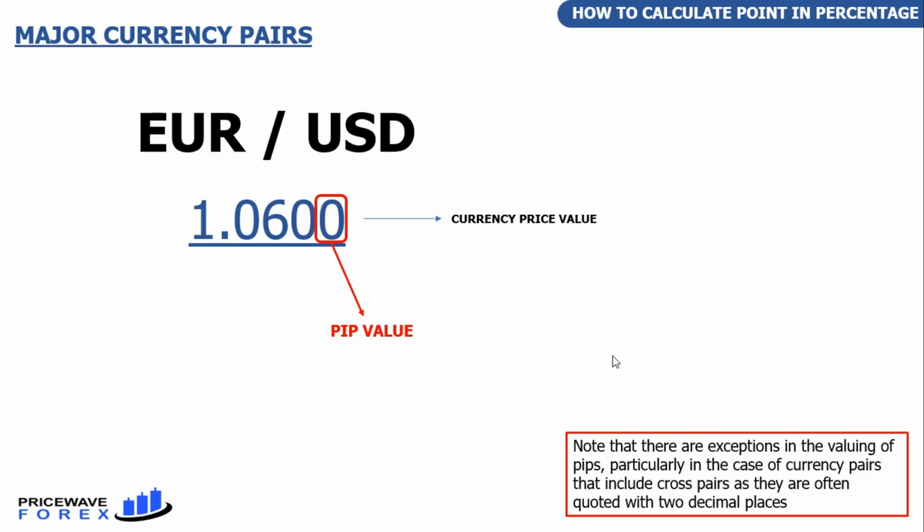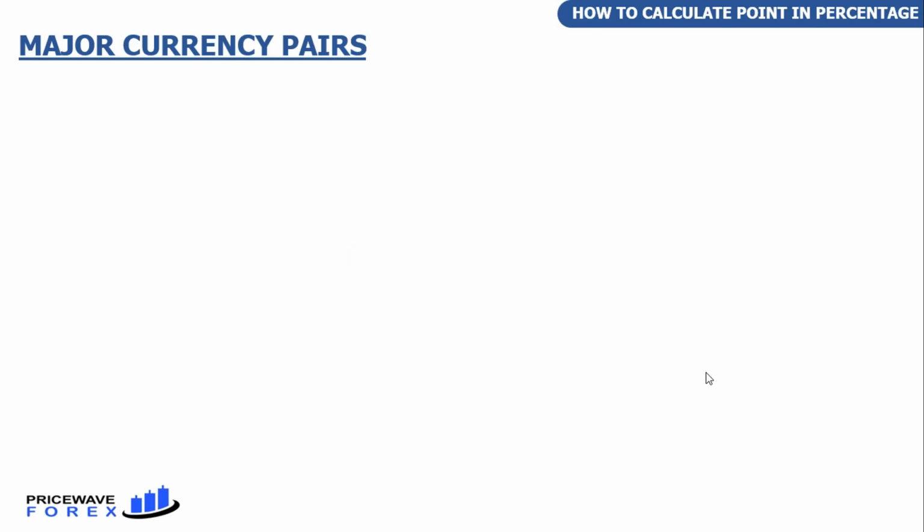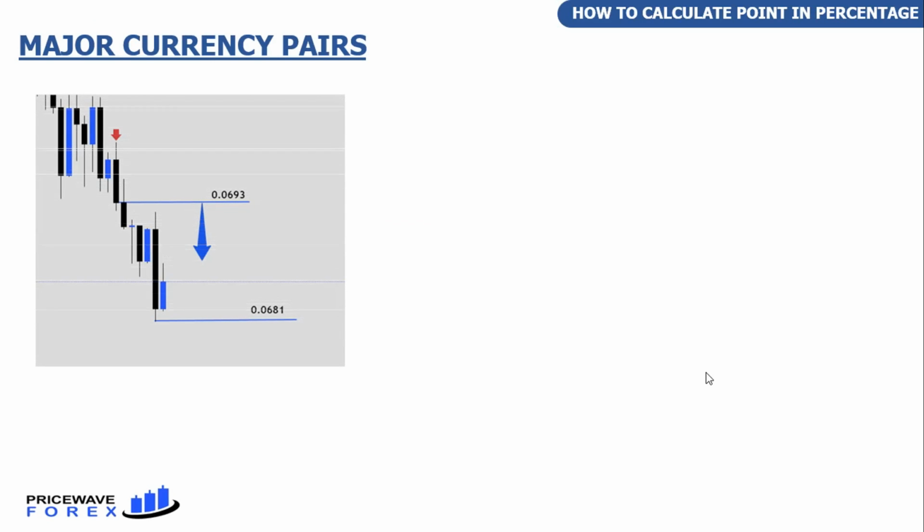So let's go into calculation. When calculating major currency pairs, let's take a look at a chart. We see that the price of Euro USD moved from 1.0693. Remember, I said the fourth digit is your one pip value.